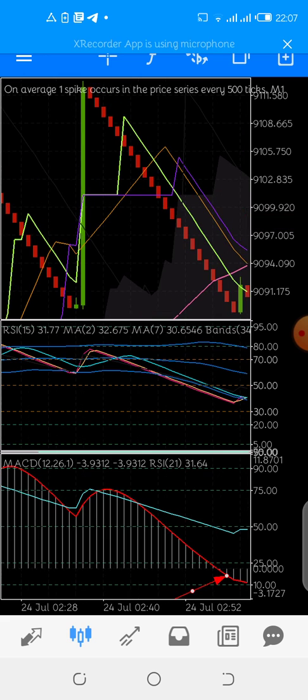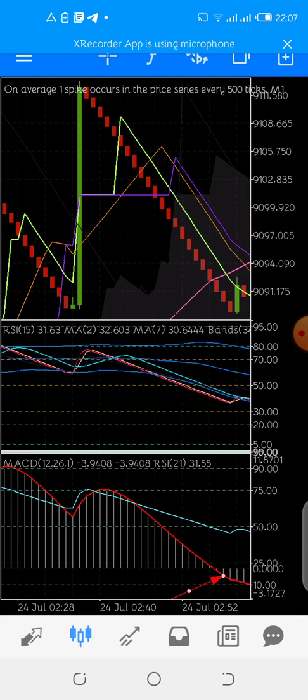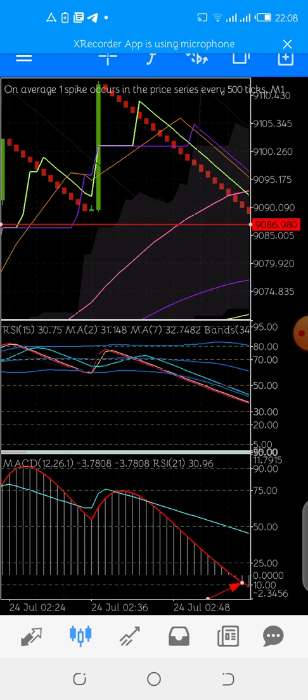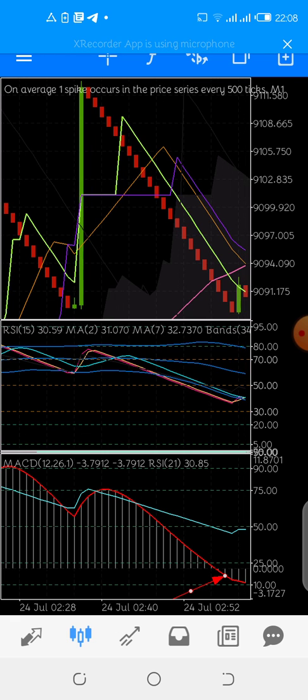How many candles were we able to get from there? Sorry, I don't even know where my line has gone to. There. And then, oh, it moved down. Okay, I understand.